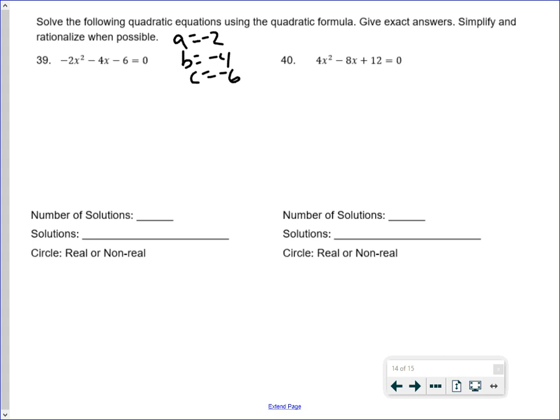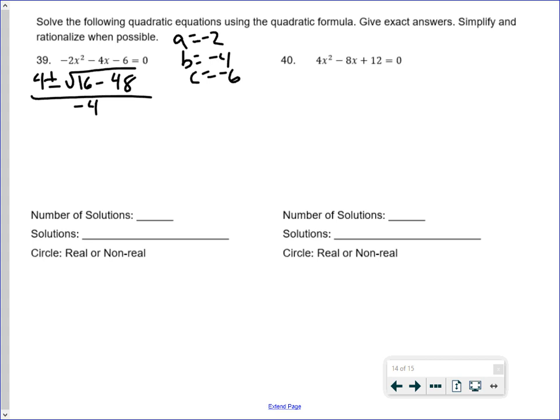So it's negative b, so 4 plus or minus the square root of b squared, or 16, minus 4 times our a, which is negative 4 times negative 2, which is going to be negative 8 times negative 6, which is positive 48. So we get 48 all over 2a. 2 times negative 2 is negative 4, right?